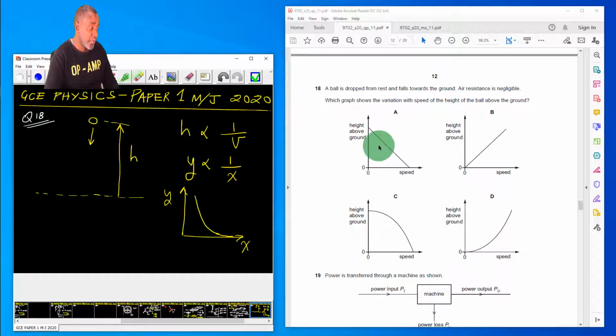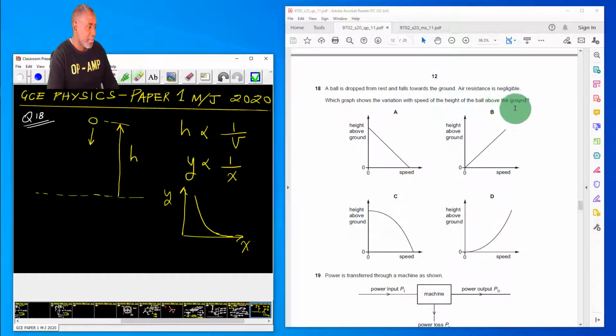What do we know about inverse proportionality? It cannot be like this because this one shows that when the height above the ground is 0, the speed is 0. That doesn't make sense. And here it shows that as the speed increases, the height is going to increase. That is not true unless that height was being measured from here, downwards like that, but it's being measured from the ground.